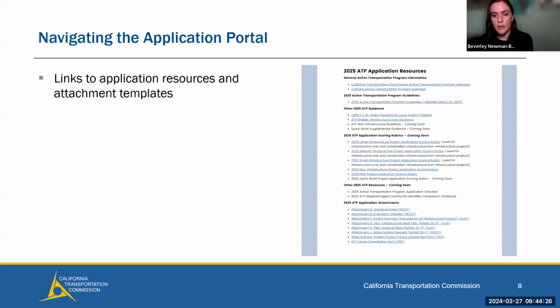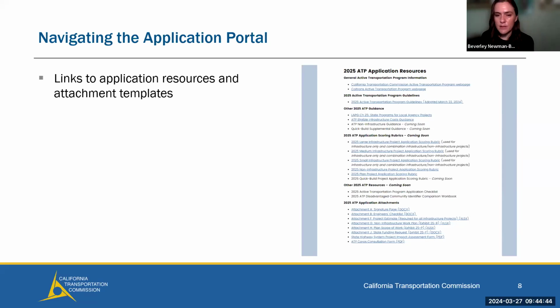So when you get to where you need to attach the signature page, you'll be able to download it there as well. But you could save it from this page, whatever you prefer. Most of this will be accessible from inside the application as well.